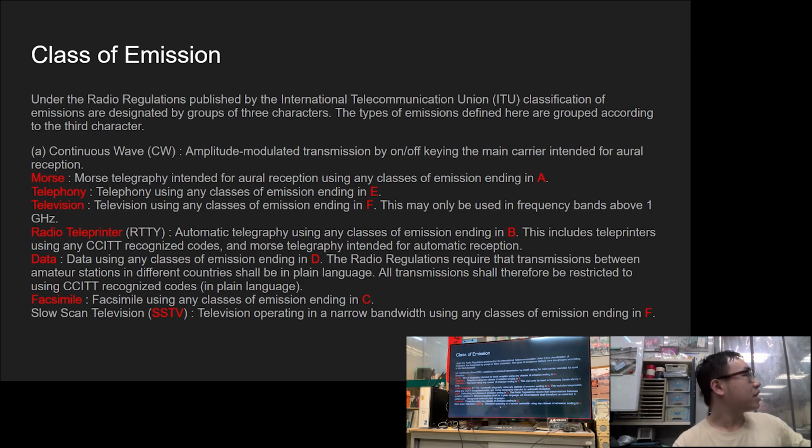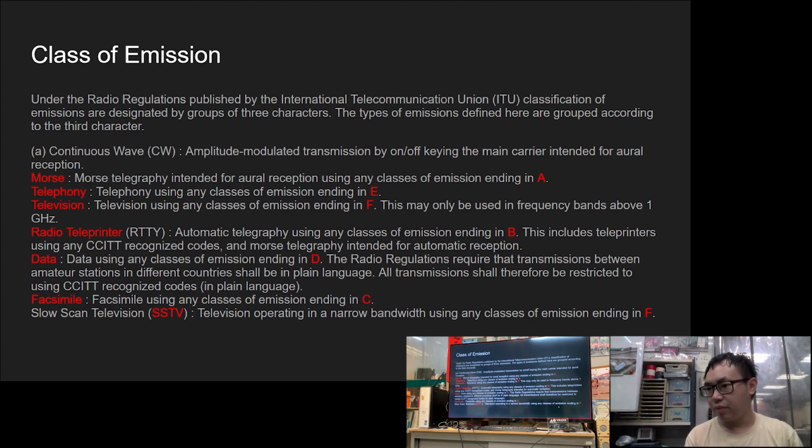And data can include different forms, as long as it is transferred in packets, or just other types that you can think of, but I can't think of here. So data is D, fax is C, SSTV is F. So what is SSTV?